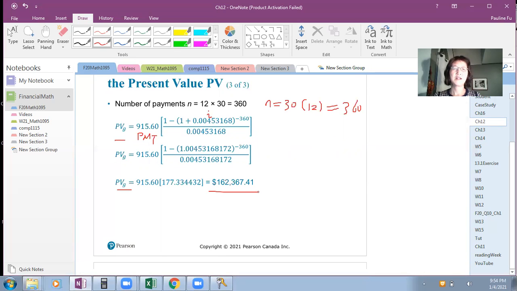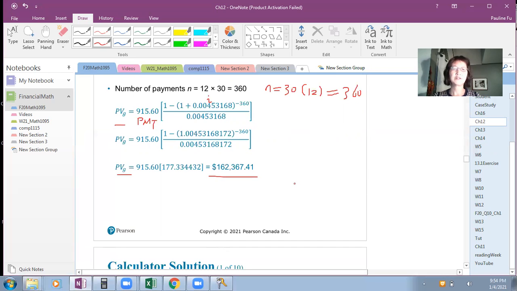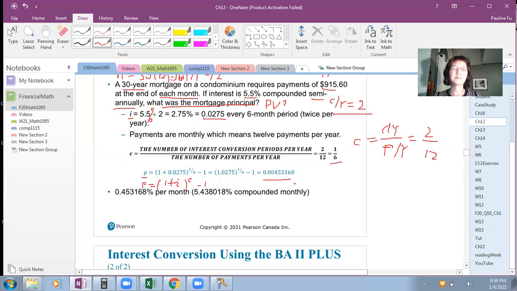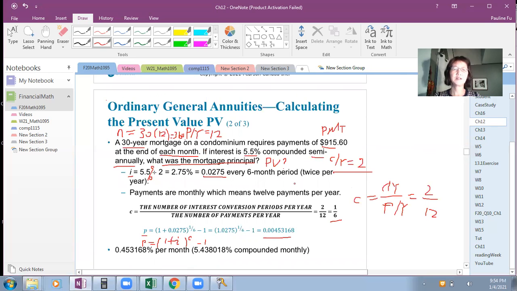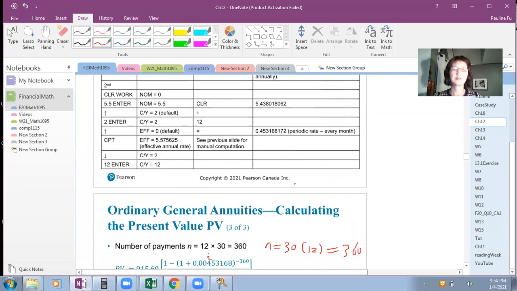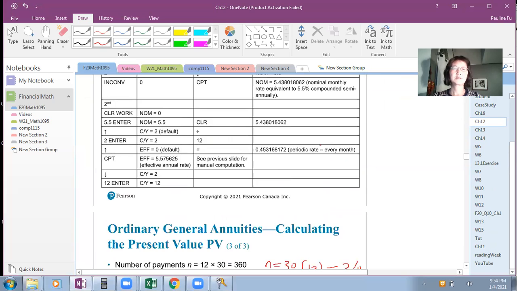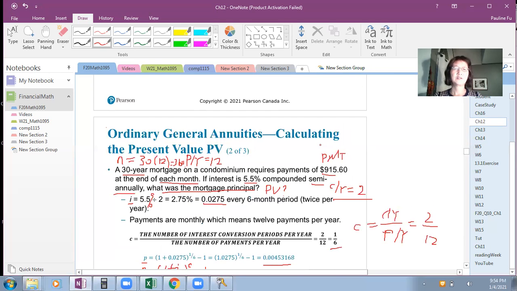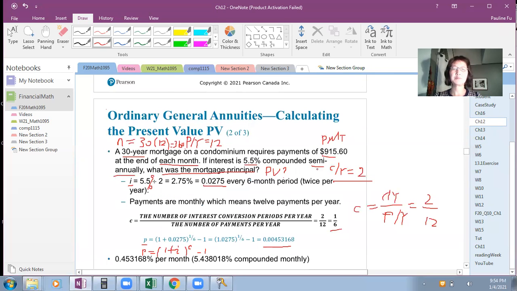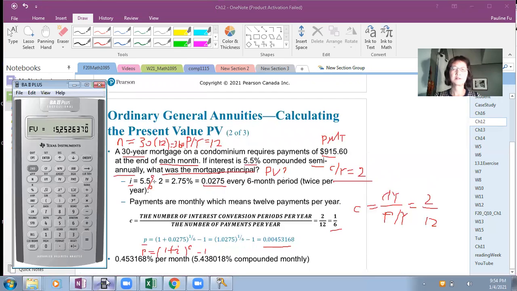Method 2, use calculator. I'll go back to the original question. The final result we get from the formula is this one here. So for the calculator, you need to set up PY equal to 12, CY equal to 2.